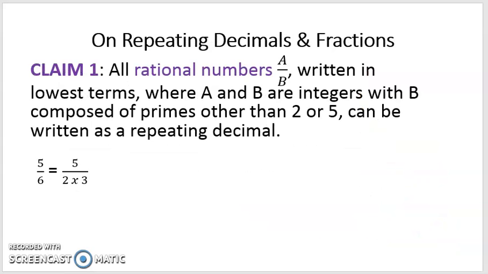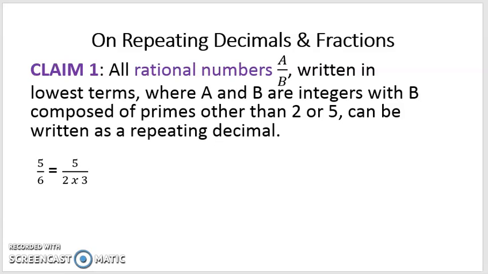So we're going to talk about repeating decimals, and remember, repeating decimals are decimals that have some block of digits that repeat. And just as we did with the terminating decimals, we're going to have a couple claims. Claim number one about repeating decimals is that any rational number, a fraction a over b, written in lowest terms, that's important, where a and b are integers, and b, the denominator, is composed of primes other than 2 or 5, is a repeating decimal.